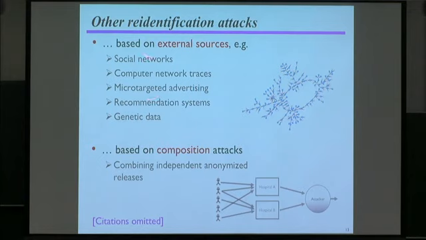There were examples based on social networks, computer network traces where people were able to reconstruct the internal structure of a network, micro-targeted advertising, recommendation systems, some genomic data, and composition problems: suppose you've got two hospitals that serve overlapping populations and independently release supposedly anonymized information about their populations, which it is possible to correlate afterwards.